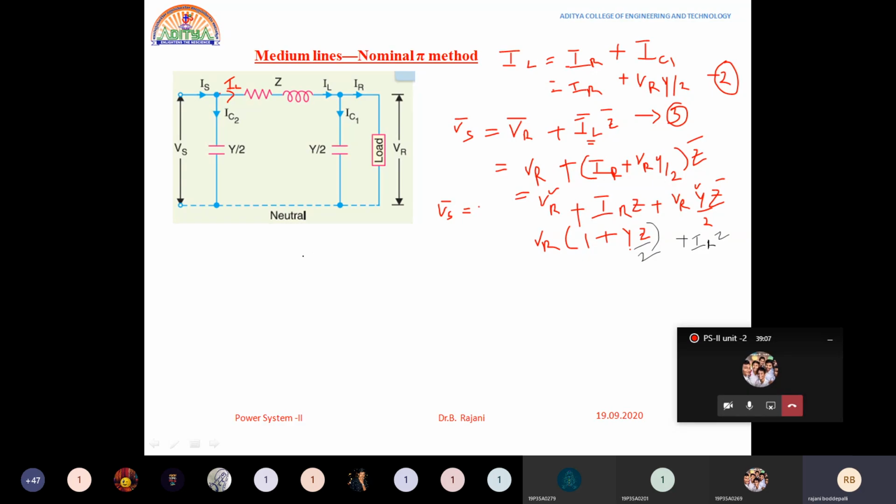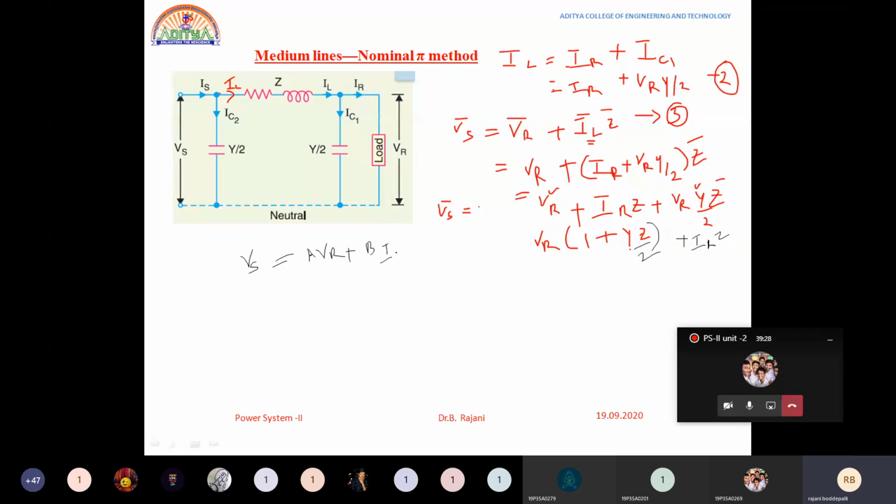If I compare this equation with the two-port network equation, we know that if you take any four-terminal network, the sending end voltage is written as A into VR plus B into IR.